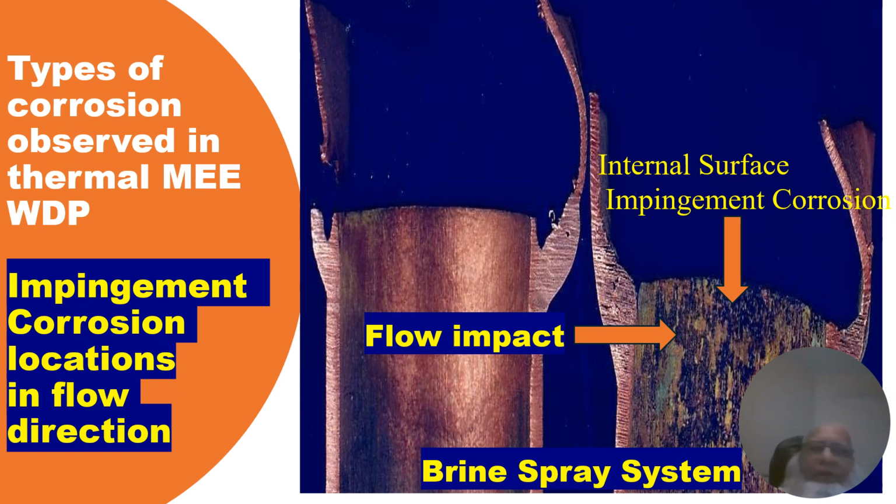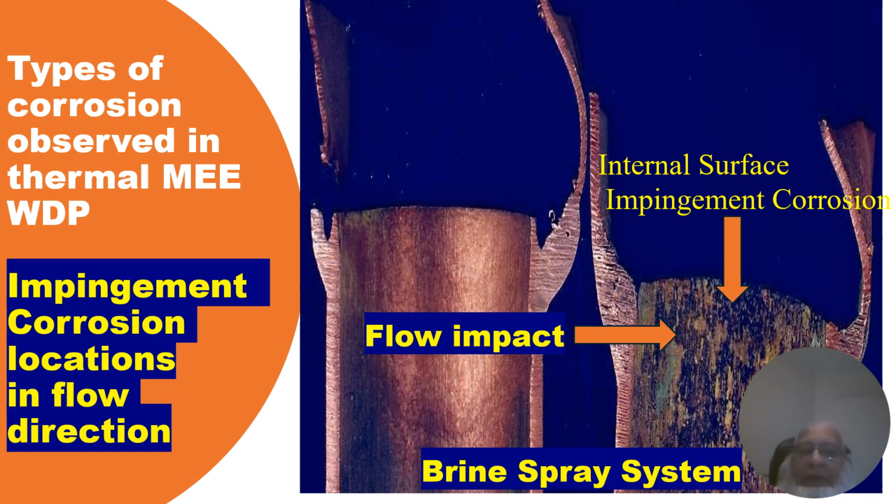This slide shows the configuration of the welding technique used that caused impingement corrosion in flow directions at the spray header spray tube protrusion. You see how the internal surface was impinged during operation in the direction of the flow.